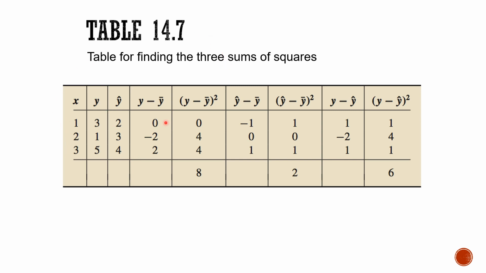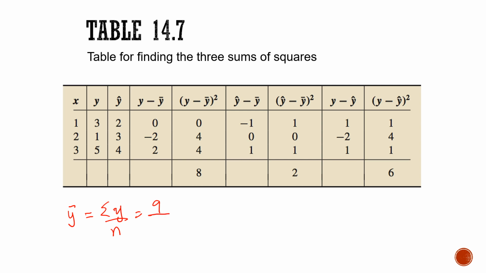All right. And then we find y minus y bar. So we had to calculate the mean of the y values. So the mean of the y values, let's do that quickly here. What is the mean of y values? Y bar is sigma y over n, right? So the sum of all the y values, 5 plus 3, 8 plus 1, 9.